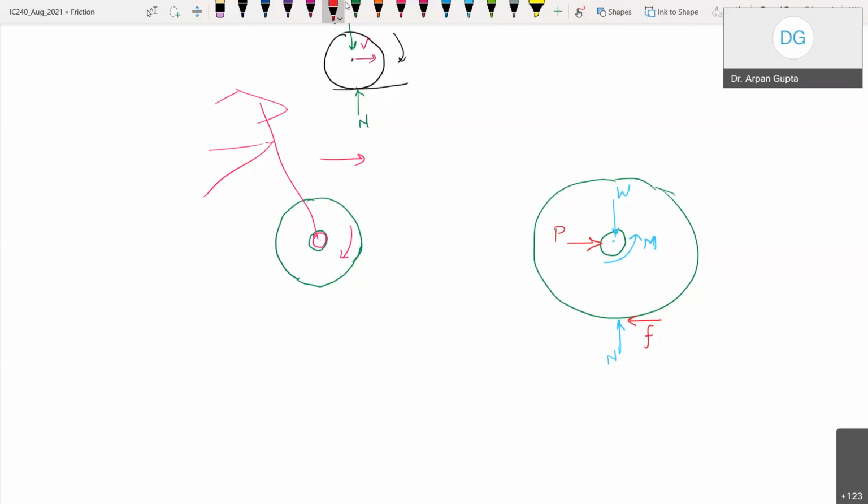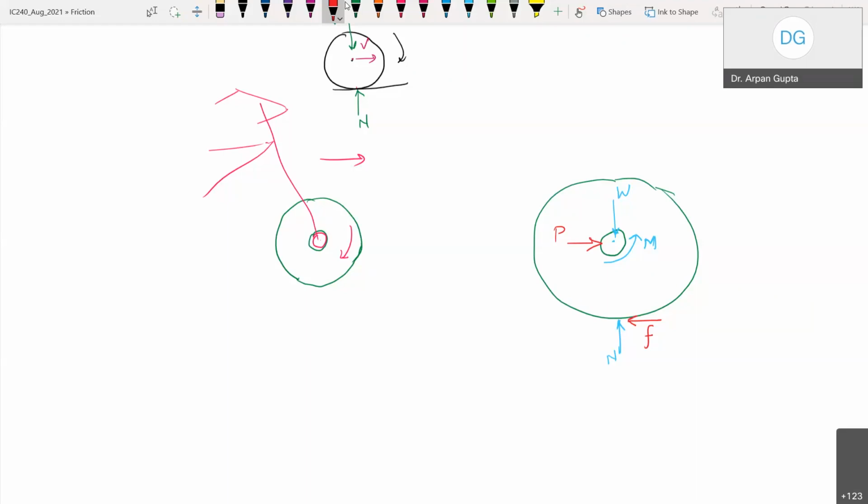And now P and F together form a couple which is clockwise to balance the moment M, which is anti-clockwise. And now this system is in equilibrium, right? So now I can say that this cycle or this wheel is moving or can move with a constant velocity, and things are nicely in equilibrium.